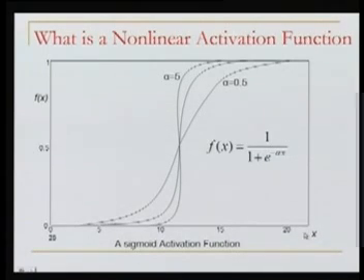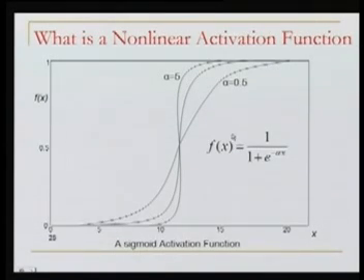So, here is a nonlinear activation function. This axis is x, this is f(x), and the function is f(x) equal to 1 upon 1 plus e to the power minus alpha x. By changing the alpha value, we can change the transition from 0 saturation to saturation 1.